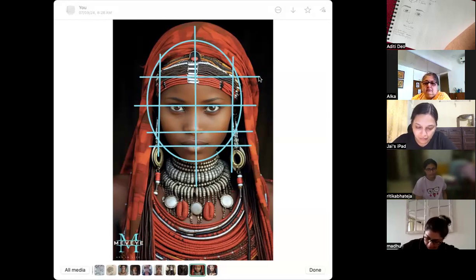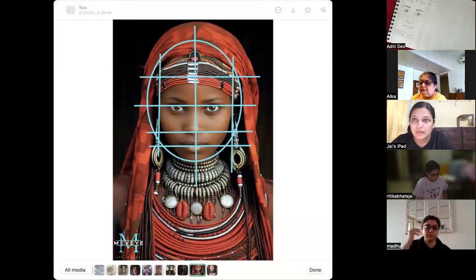Somewhere over here, which also seems pretty perfect because the beads on her forehead are covering the line between the hairline and the forehead itself. Her ears are not visible, so we won't draw those, but we can draw the embellishments.